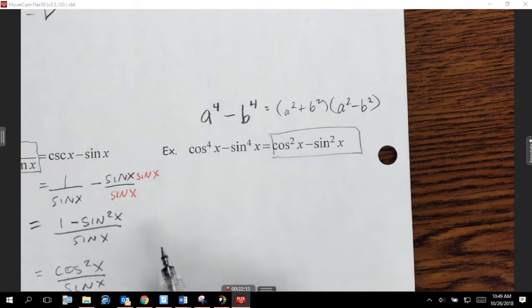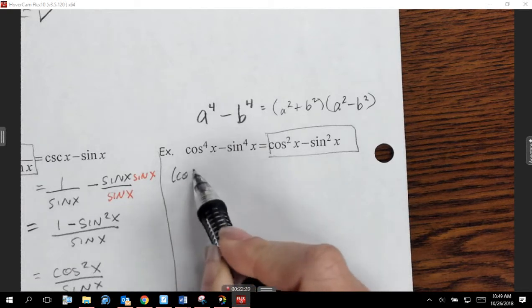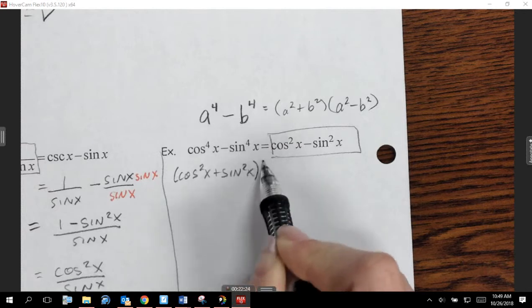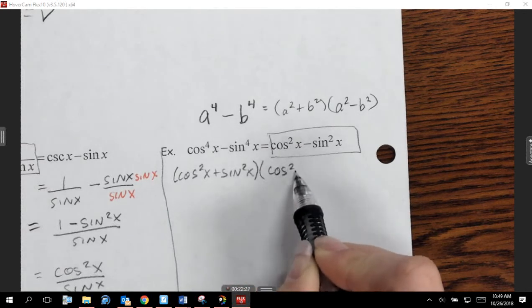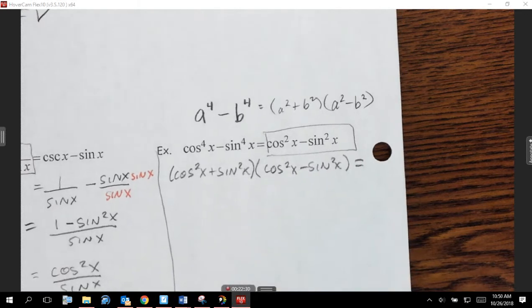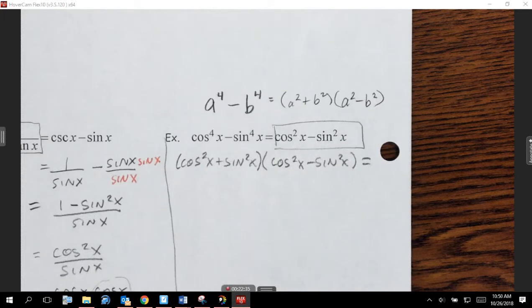Instead of a's and b's, what do we have? Cosines and sines. So I'm going to rewrite this as cosine squared x plus sine squared x, multiplied by cosine squared x minus sine squared x, and then my equal sign. Now look at what we're trying to get.